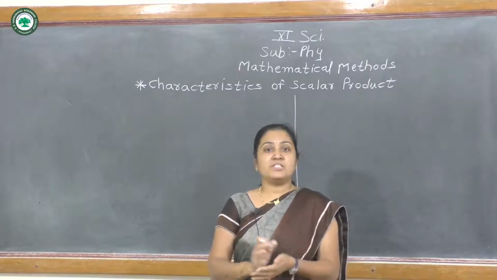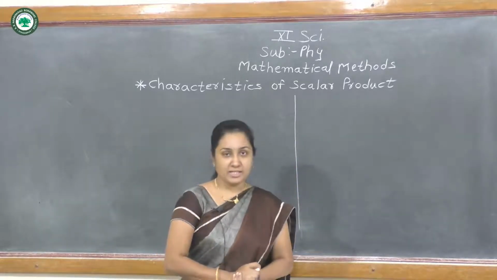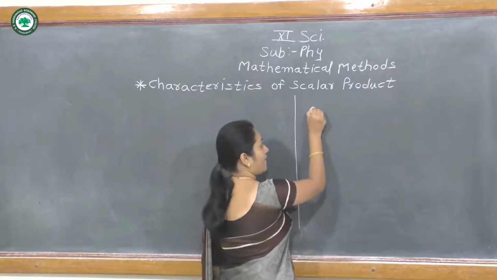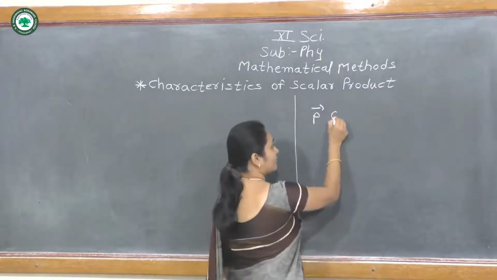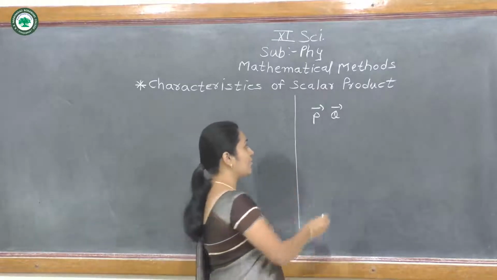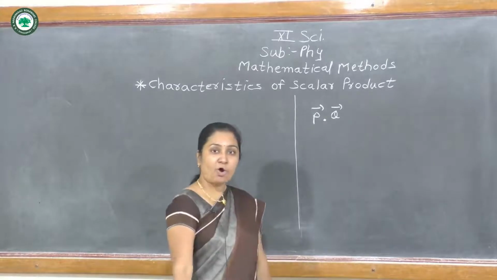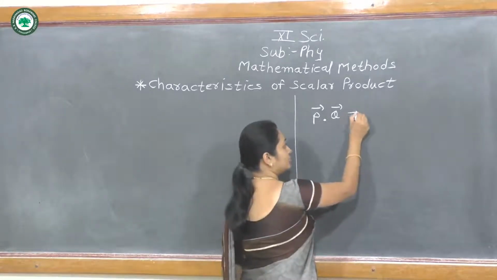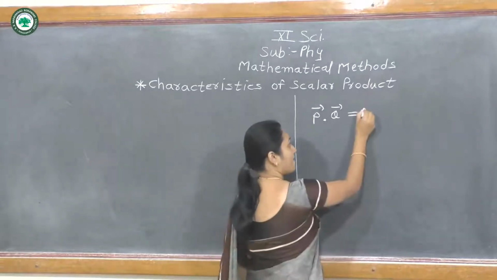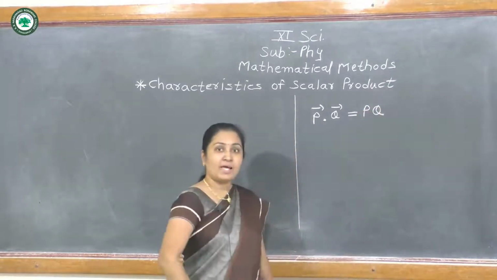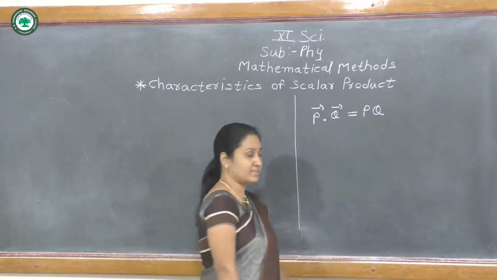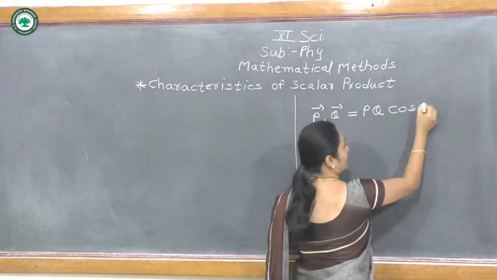The definition of scalar product we studied in the last lecture is: if we have two non-zero vectors, suppose p bar and q bar, then the dot product of these two vectors is denoted by p bar dot q bar, and it is equal to the product of magnitudes of the two vectors, that is p q, and cosine of the angle theta between these two vectors, that is cos theta.